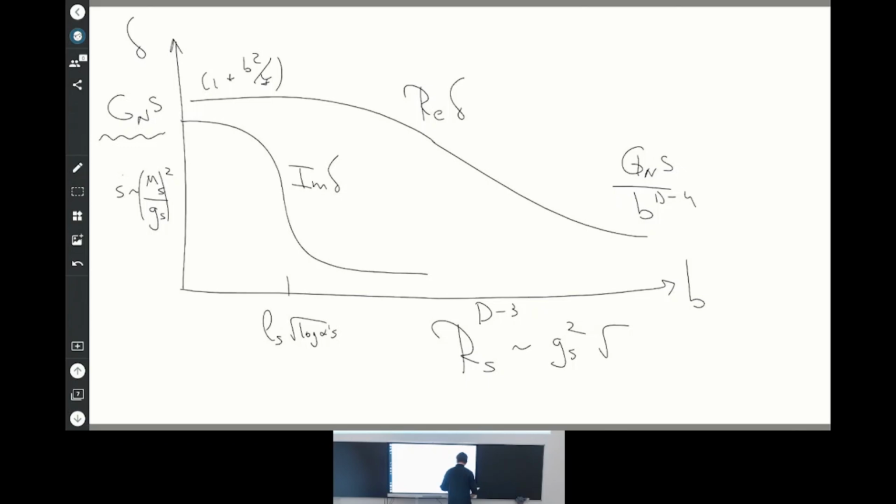Here I want to consider the stringy regime, so I will take R Schwarzschild to be much less than LS.